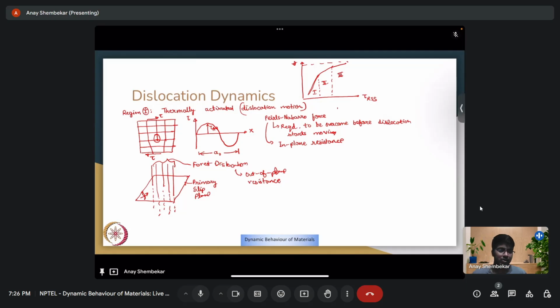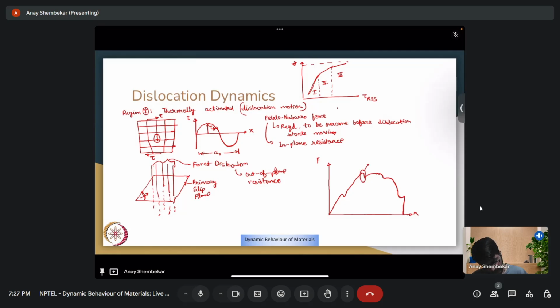And if one were to plot how the resistive force varies with distance, one may end up with a plot that looks like this. A force versus distance plot, and you have a few short range barriers, something like this.